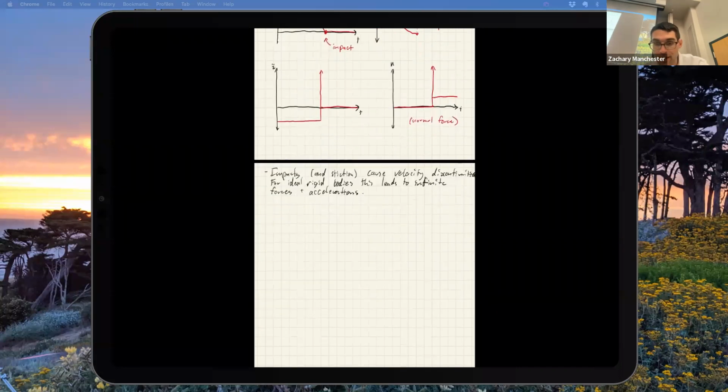Seems bad. And then in the strictest mathematical terms, F equals ma is not well defined.